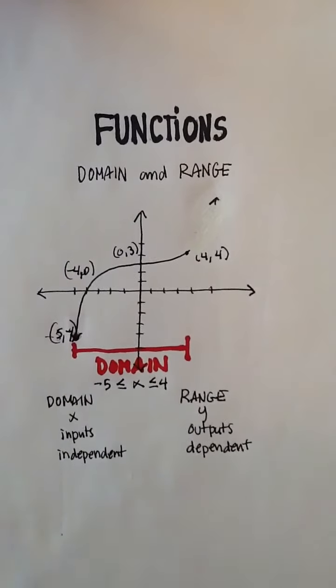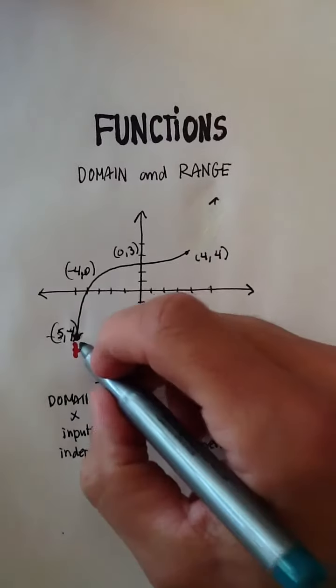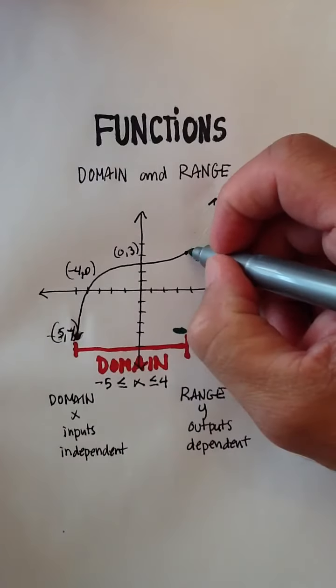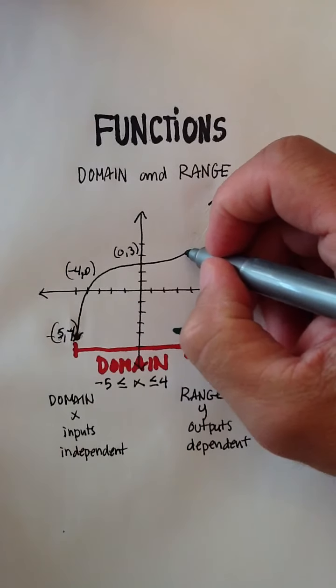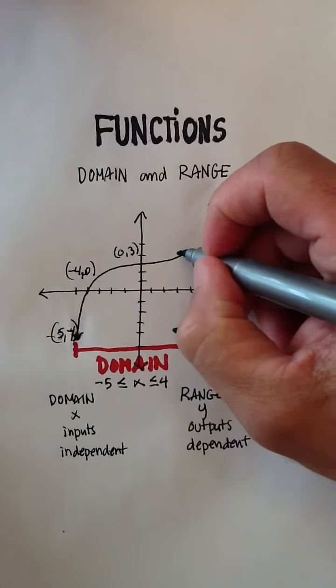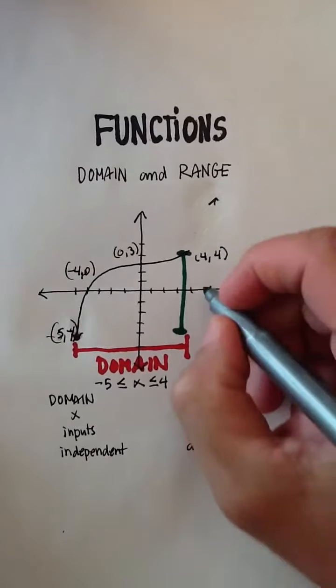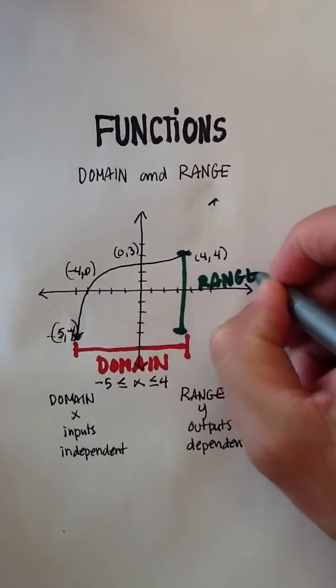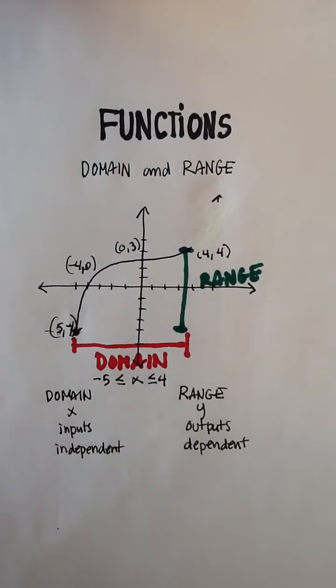Now what would be the range? Now you'll notice that the range goes from all the way down here at negative 4 all the way up here to positive 4. Okay, coincidence? Yes, it is actually. And this would be the range. And we'll call that the green part. All right, and those are all the y values.